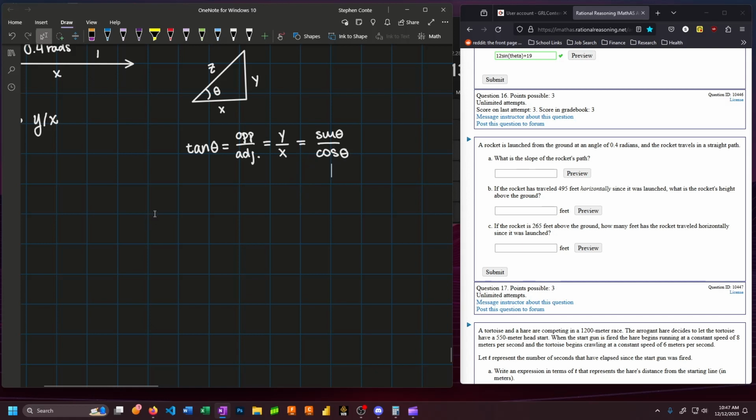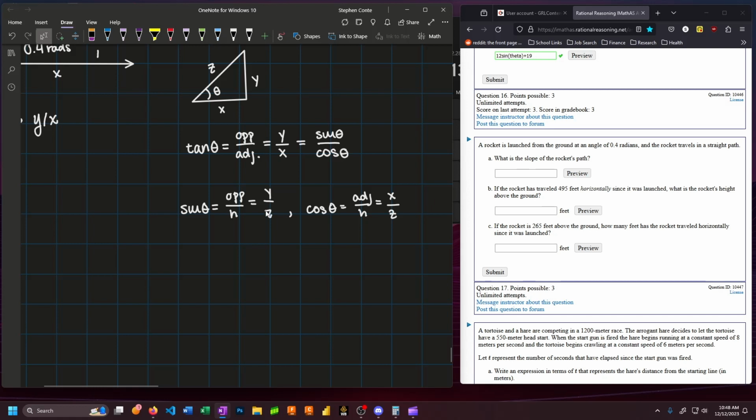But also, if I understand SOHCAHTOA, sine of theta is equal to opposite over hypotenuse, which is y over z. Oh, sorry, this should be z. And cosine of theta is equal to adjacent over hypotenuse, which is x over z.